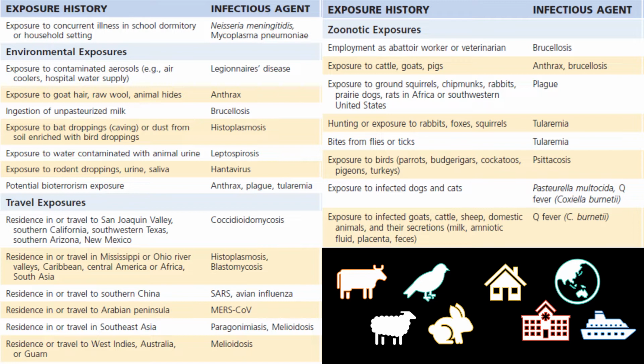Legionella is about environmental exposure, such as contaminated aerosol, air coolers, or hospital water supply. It is the classic setting where patients have pneumonia after going on a cruise, and there is a cluster of pneumonia with the same exposure history.